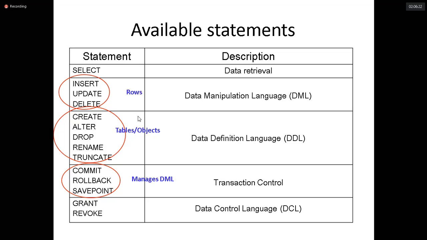Therefore, even in the industry, you may do certain transaction controls as well as many inserts, updates, deletes, where you want the changes to take effect immediately in the database. There, you can use this commit in that case as well.